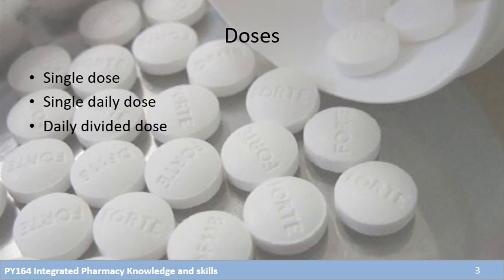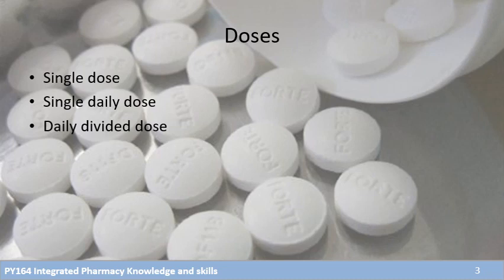A daily divided dose is where sometimes a drug will be expressed as, for example, 150 milligrams of drug in daily divided doses. And it might specify that it has to be 3 divided doses, in which case for 150 milligrams, you'd have 3 doses of 50 milligrams.